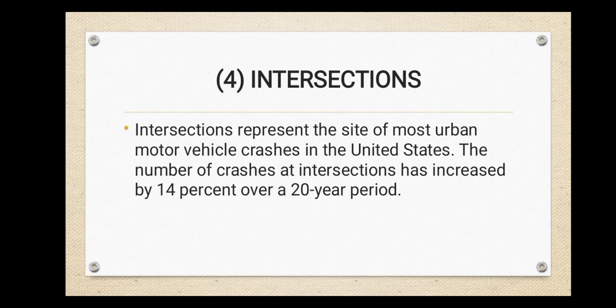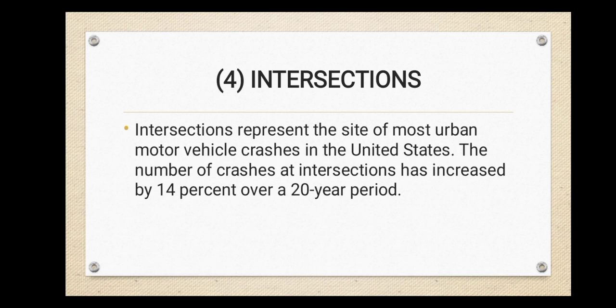Intersections. Intersections represent the site of most urban vehicle crashes in the United States. The number of crashes at intersections has increased by 14% over a 20-year period. This result is not surprising since intersections are the confluence of many vehicle and pedestrian paths that may conflict with each other.